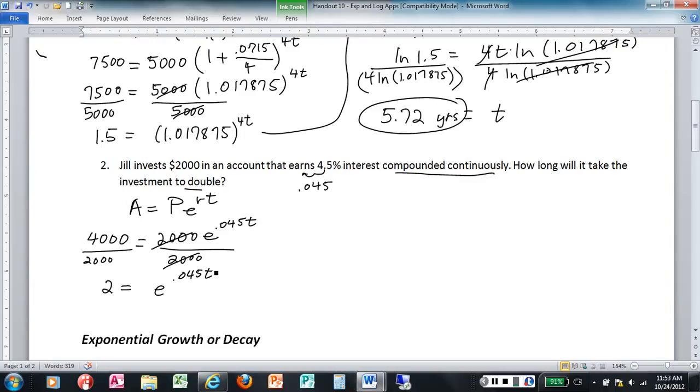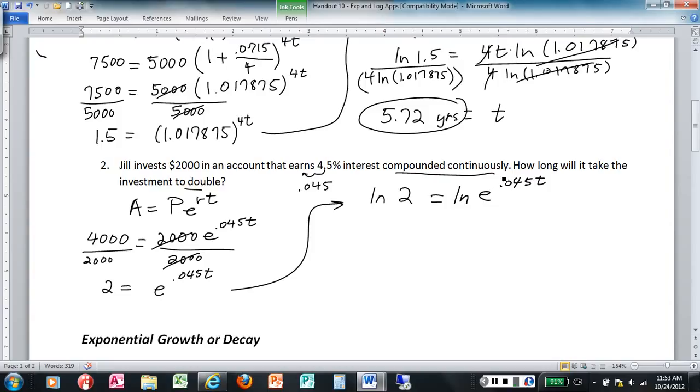Okay, well, again, trying to solve for t, I need to get t out of the exponent. And so the way we do that is we need to do the ln of both sides. So I take the ln of both sides, ln of 2, and then the ln of e to the 0.045t side. Okay?